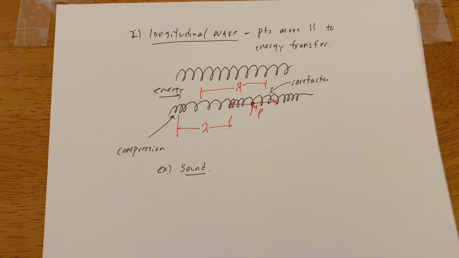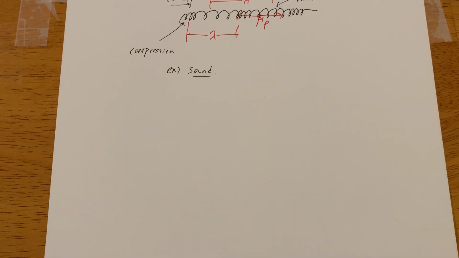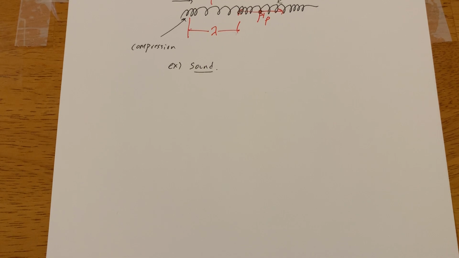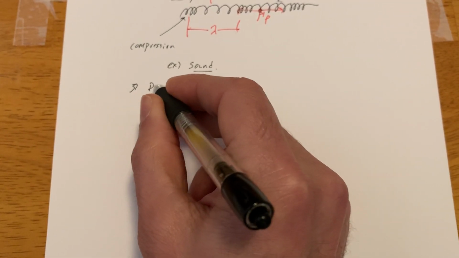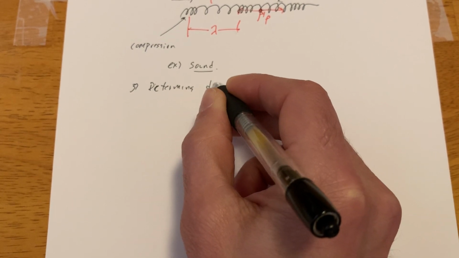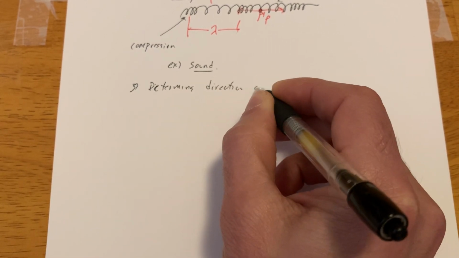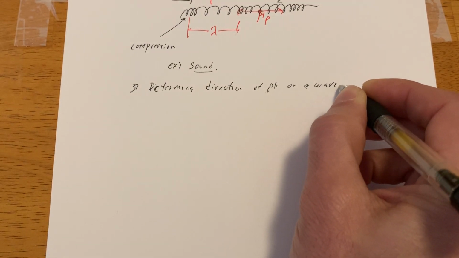Now, something that is important for the next couple of lessons is looking at a wave and seeing, hey, are the points moving up and down, right and left, etc. So I'm just going to call this determining direction of points on a wave.